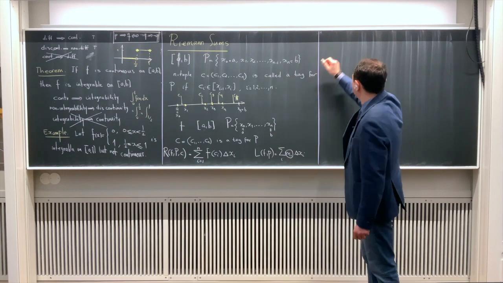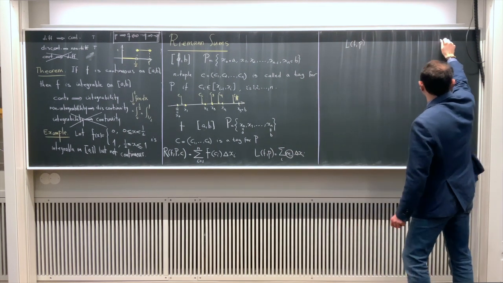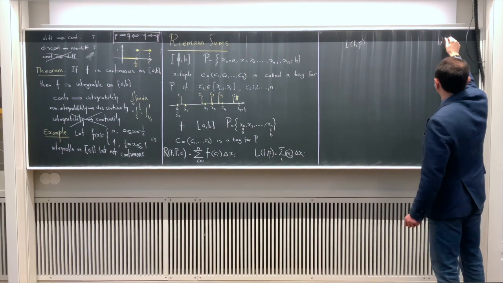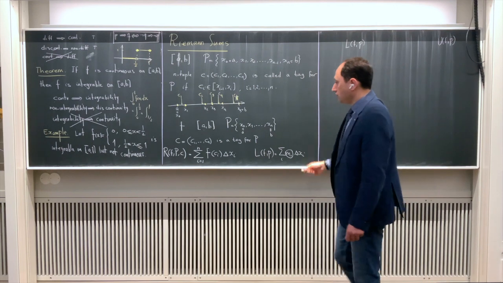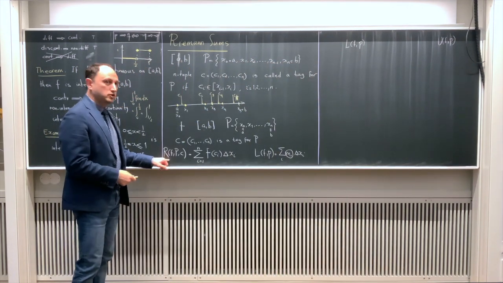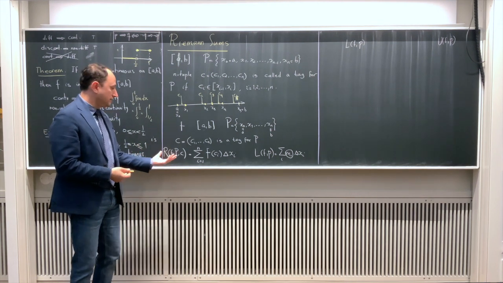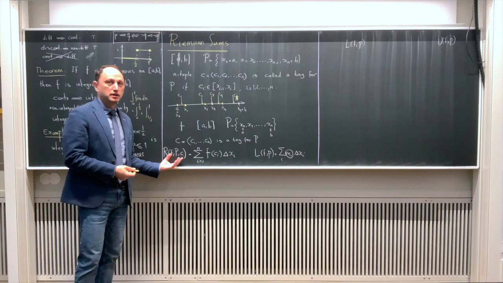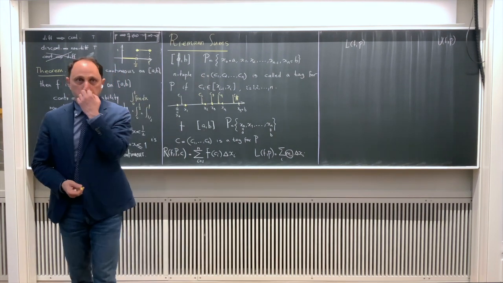You can set up the lower sum for me. You can also set up an upper sum for me, yes? But now I give you also a tag. Then after that, you can also set up a Riemann sum for me. Now my question is how the value of this Riemann sum is related to those lower sums and upper sums.